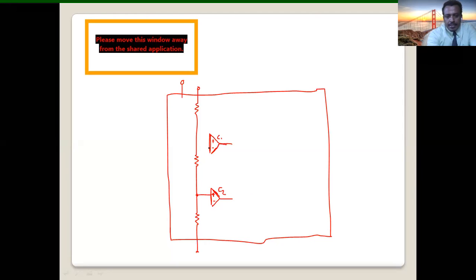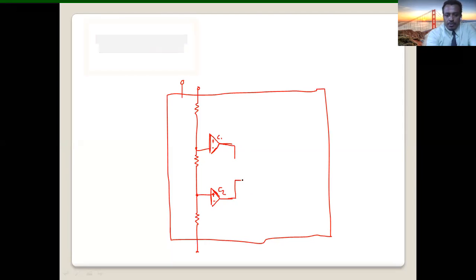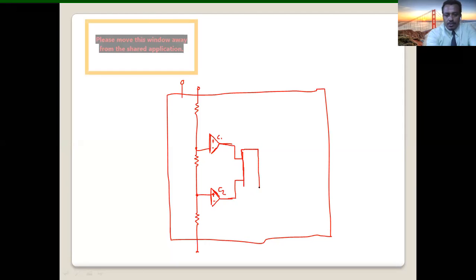In this case, the negative is connected here. All these are internal, okay? So this comparator outputs, they go to the flip-flop, we call it RS flip-flop, okay? So this is the set input, this is reset input. This has output Q bar, which is inverted by inverter, goes to output pin number 3.